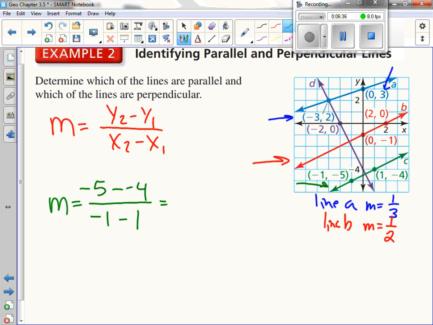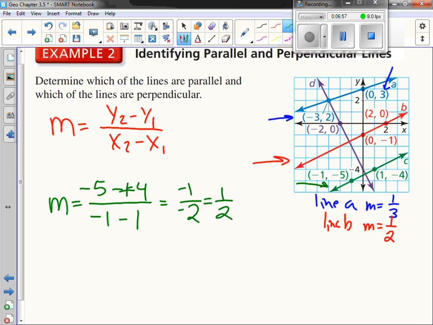This is going to be one of the few equations where the order of the x and y values for these points matters. Here, a negative and a negative make a positive, yes? So -5 plus 4 is -1. -1 minus 1 is -2, and we get 1/2. You all agree with this here? So line C is 1/2.